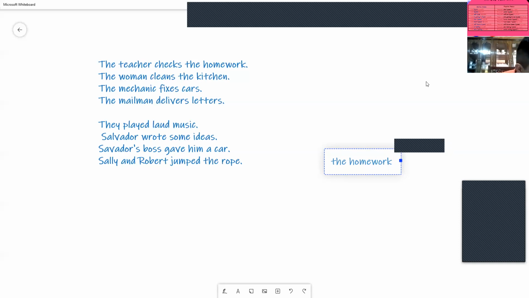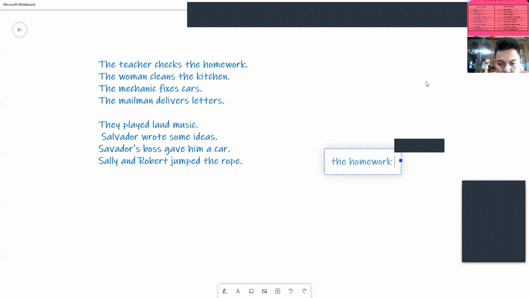What is the correct form of the verb to be? That you have it for the homework. You have the homework. Ajá. Is it singular or plural? Es plural.